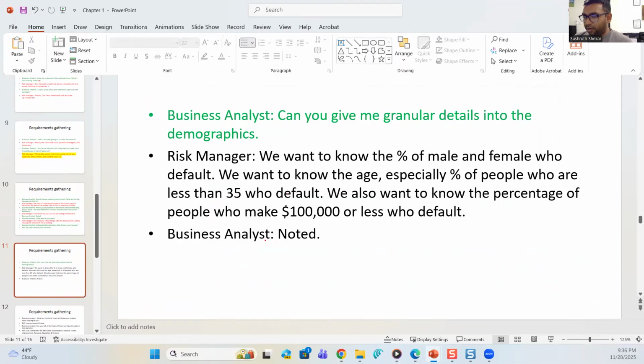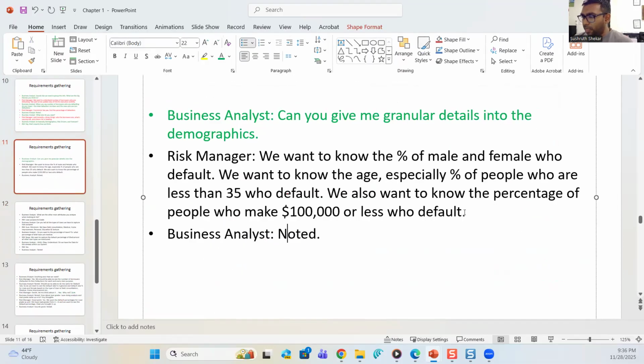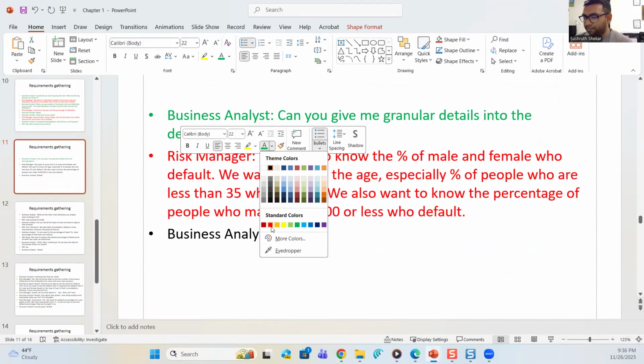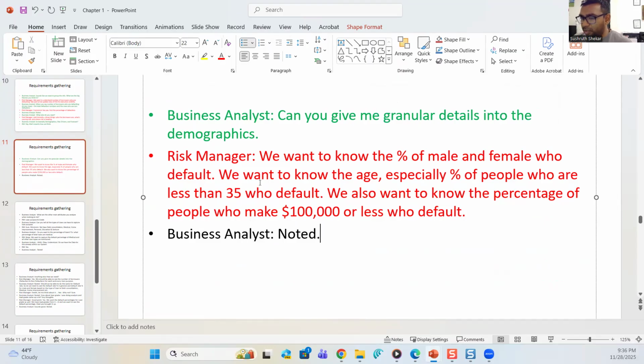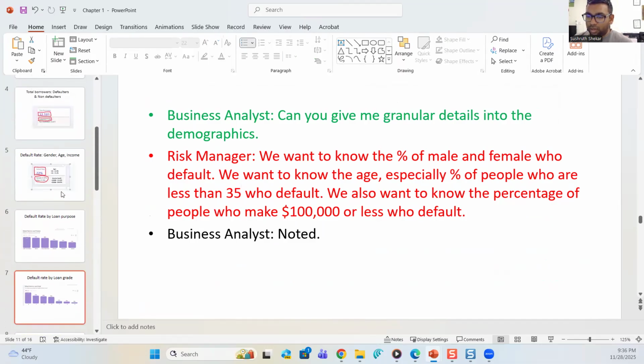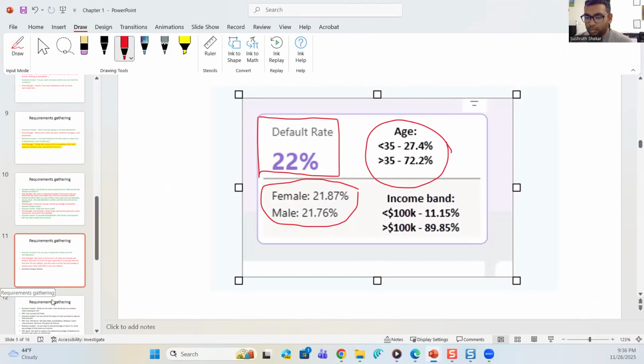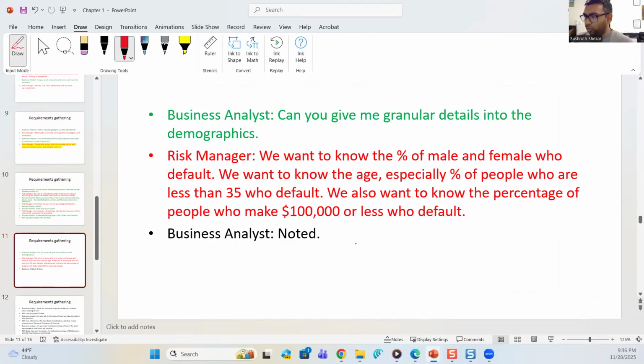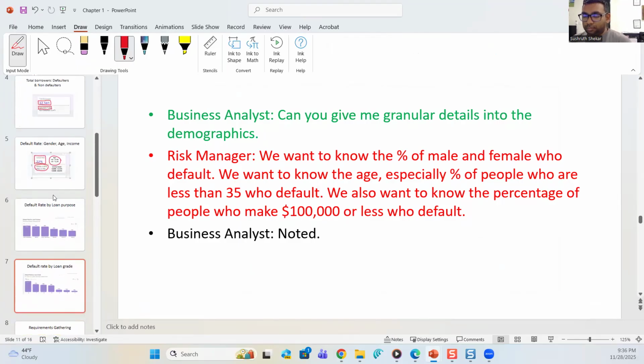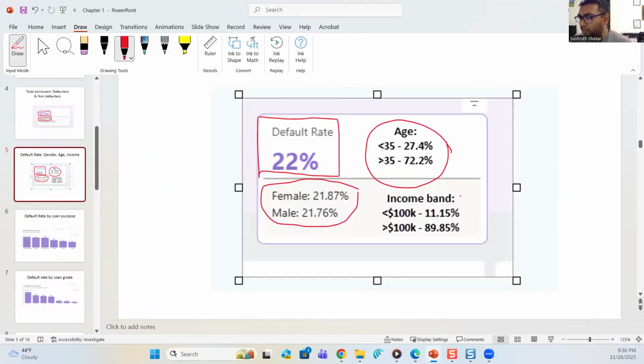We want to know the age, especially the percentage of people who are less than 35 years old who default. And then we also want to know the percentage of people who make $100,000 or less per year who default.